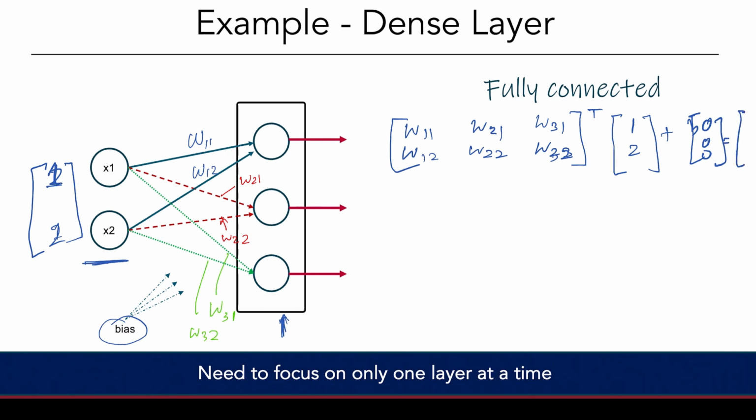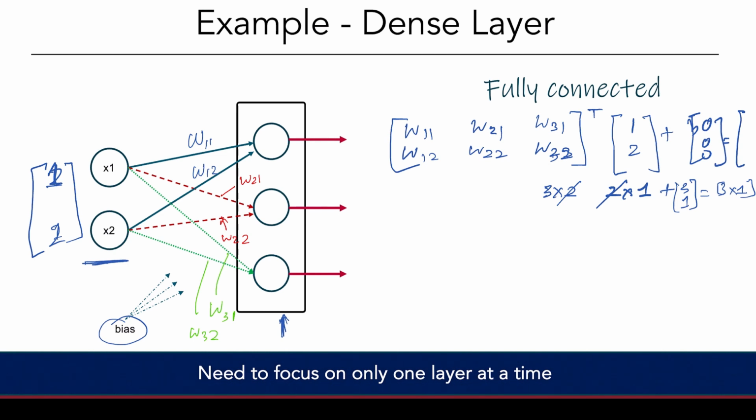If you transpose this, it is 2 by 3, it's going to be 3 by 2, and this is 2 by 1. We add 0, 0, 0, which is 3 by 1. We should get a 3 by 1 matrix as an output, which is correct in terms of our calculations.